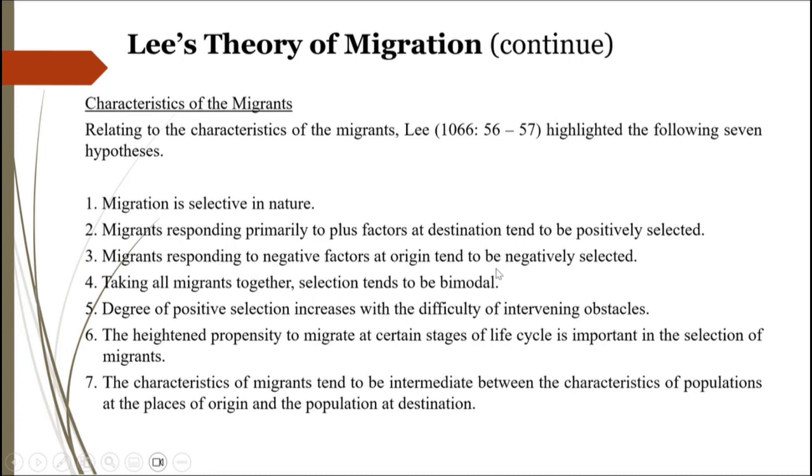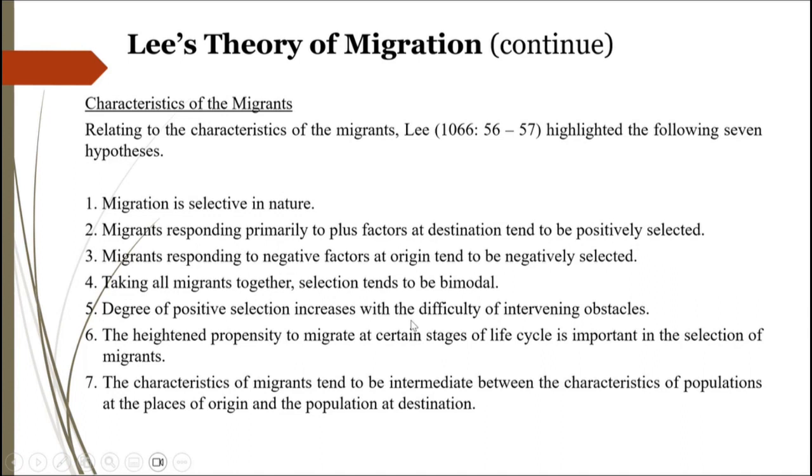Migrants responding to negative factors, for example, some migrants go to other countries because of war, not enough jobs, or conflict there. Those are refugees, and they tend to be negatively selected. Taking all migrants together, selection tends to be bimodal.